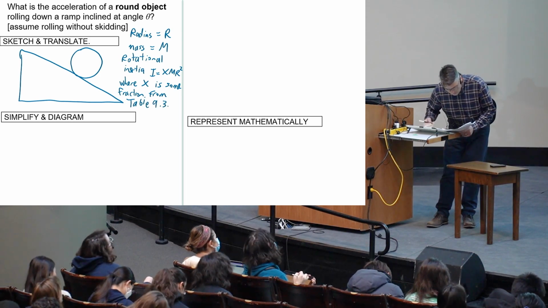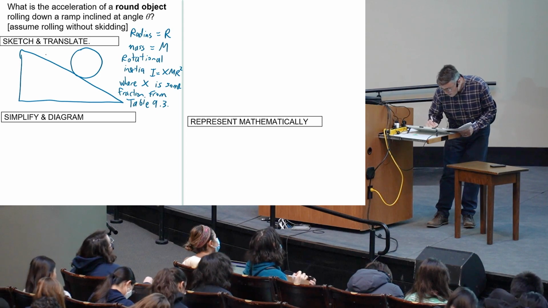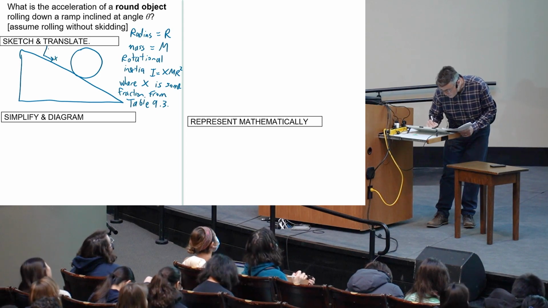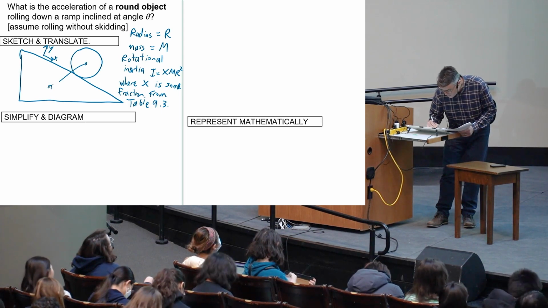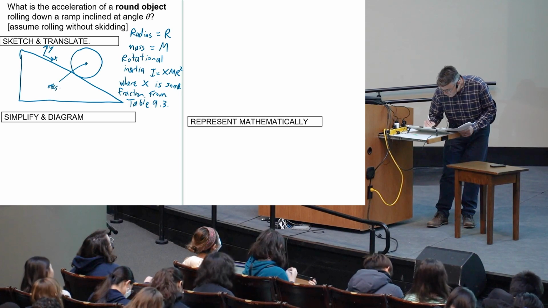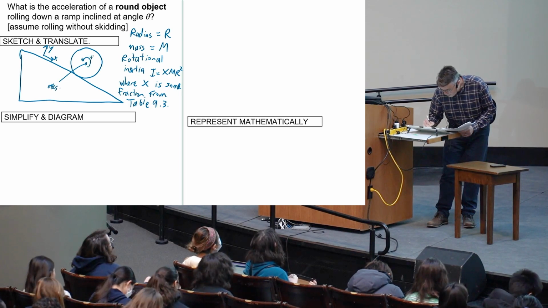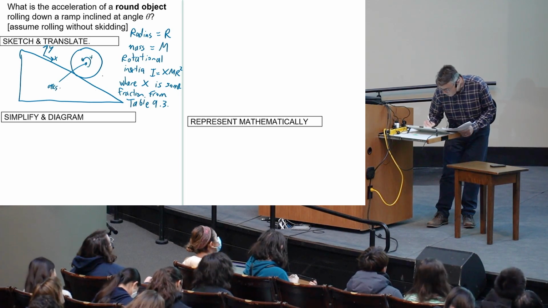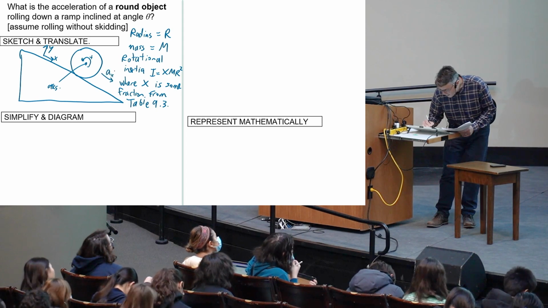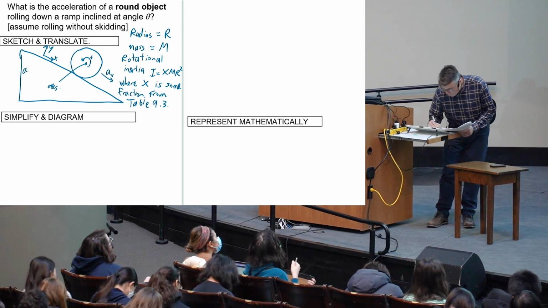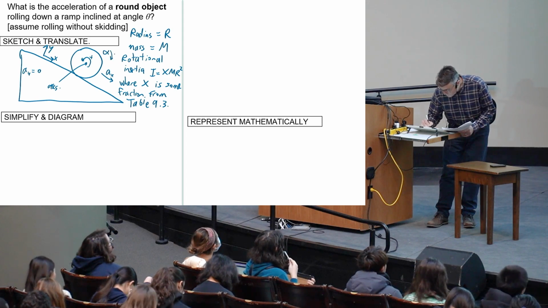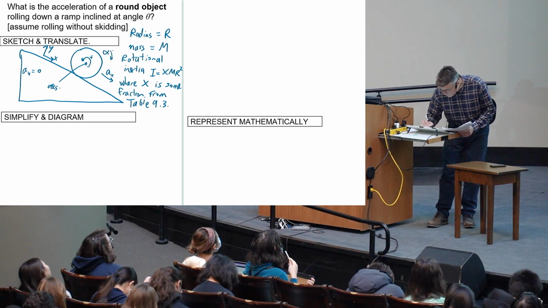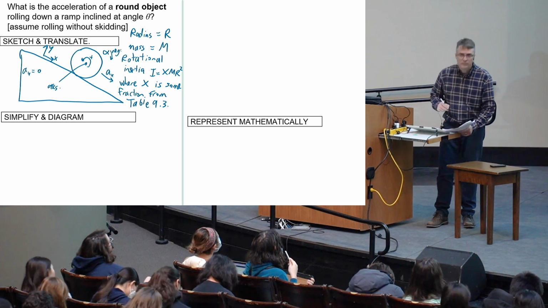Anyway, point being, we can tilt our axes as we always do. There's y, there's x. Don't forget your rotation axis. We'll have counterclockwise be positive rotation. So the whole thing's going to accelerate downwards, a_y equals 0, and alpha will be negative, I guess.